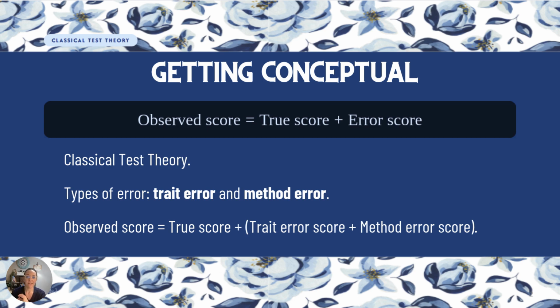And then method error is going to come from the administration. Maybe it's a loud room, poor instructions, confusing testing conditions. Here's an analogy. I love analogies. Think about baking cookies. The trait error, the baker forgot sugar. The method error, the oven temperature was wrong. Two different problems, same result, final product changes, okay?